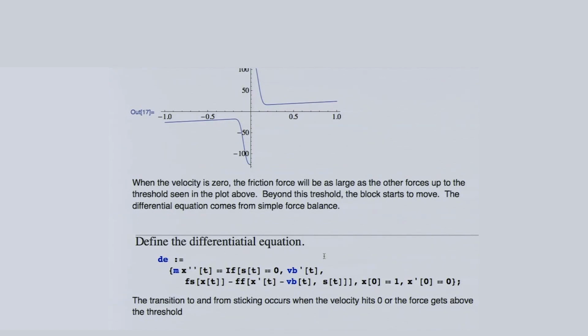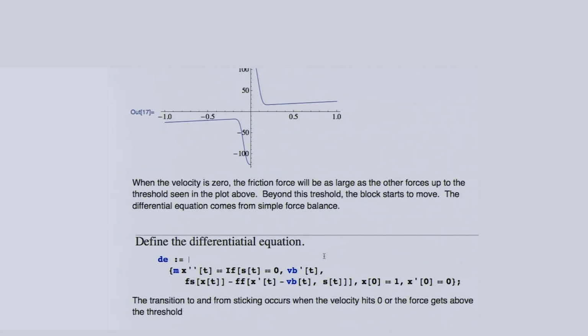So now I'm setting up a discrete variable, which I'm going to call s. Okay, if it's sticking, then s is 0 or 1. Okay, and if s is 0, then the acceleration is going to be the rate of change of the velocity of the belt. And I'm going to make the belt go to constant speed, so that actually is going to be 0.